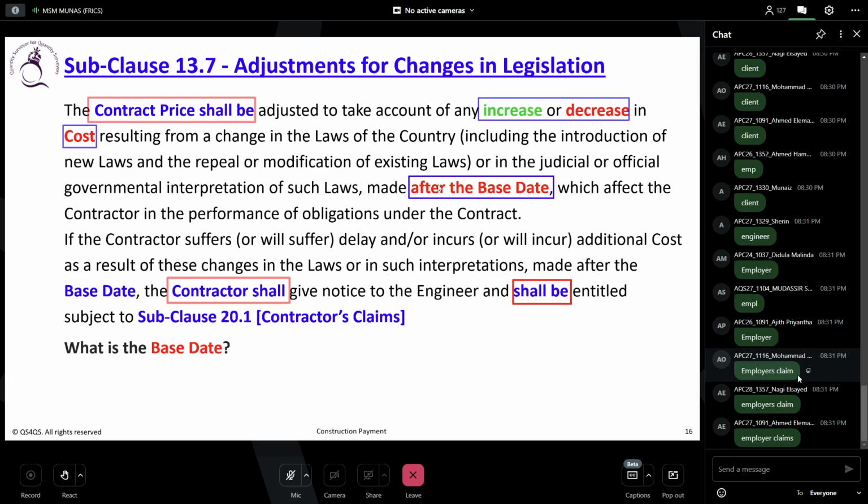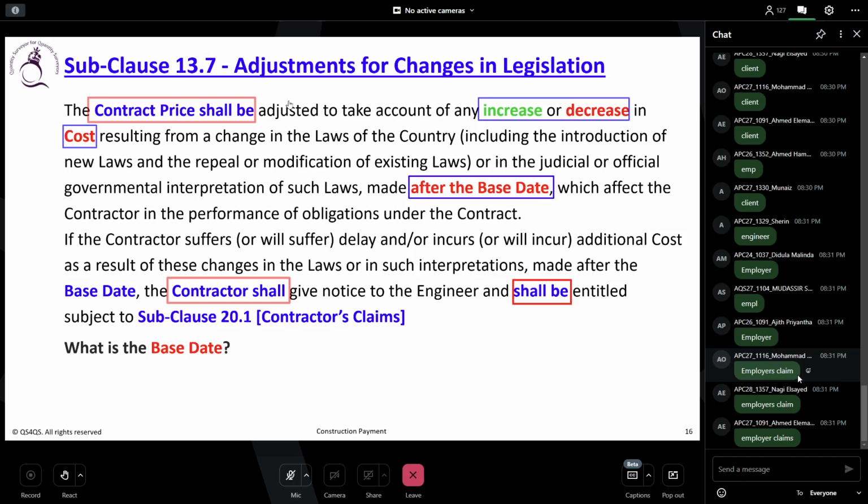Right. So now you have to note that there may be a circumstance where either party can go for a claim. It's not always just the contractor, because if it is a decrease, he doesn't care. Why should I raise the claim for a decrease? It's the employer's duty.